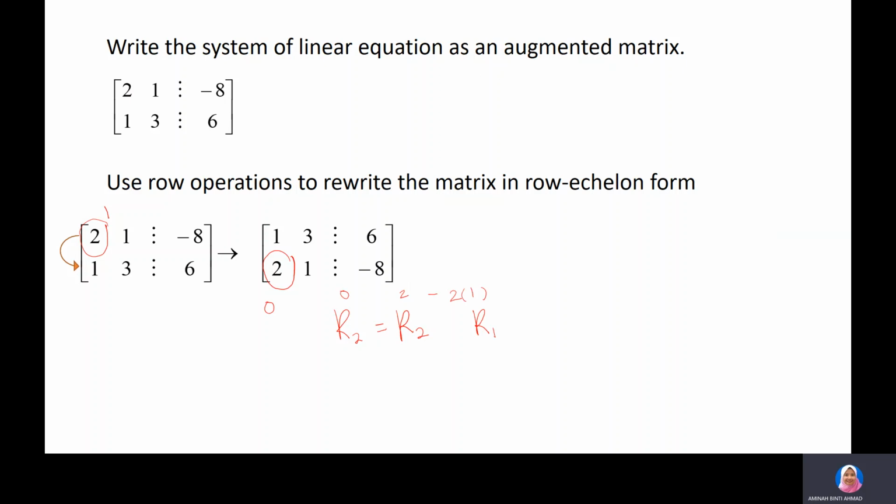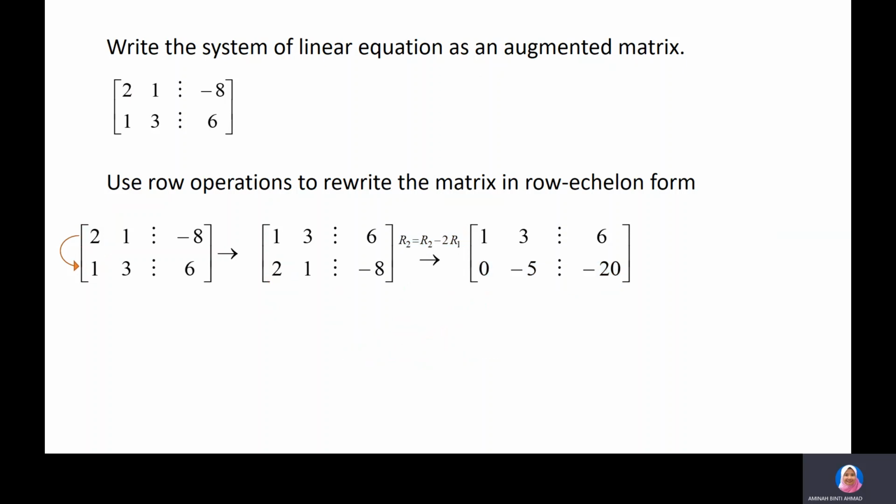So your equation will be row 2 minus 2 row 1. You do the operation using this equation to get all values of this row, one by one for each entry. 2 minus 2 times 1, you get 0, and then 1 minus 2 times 3, you get negative 5, and so on.